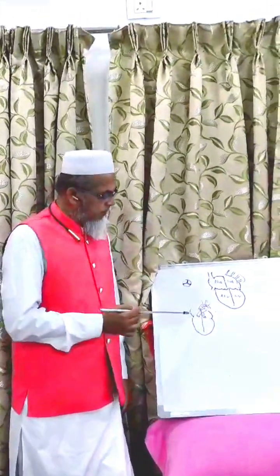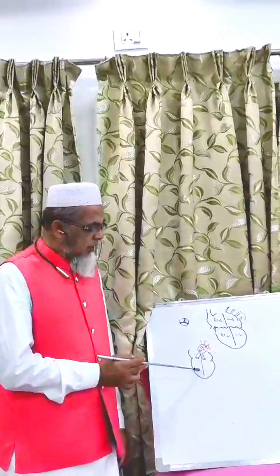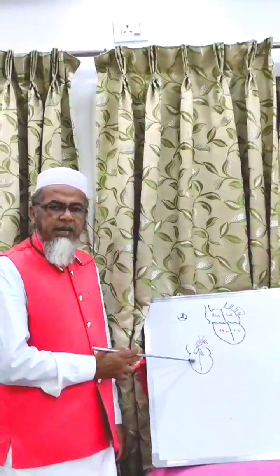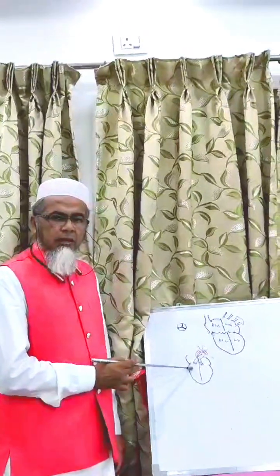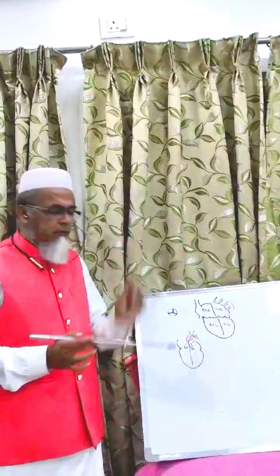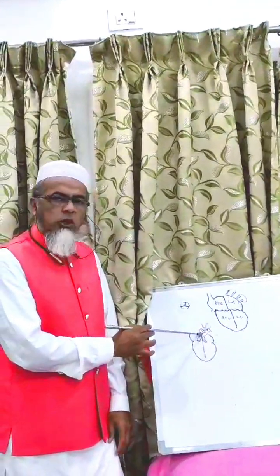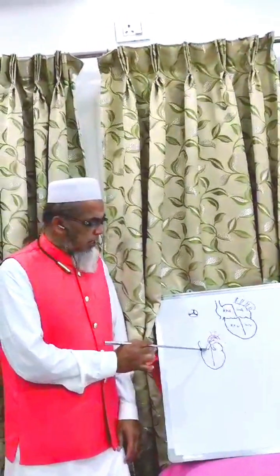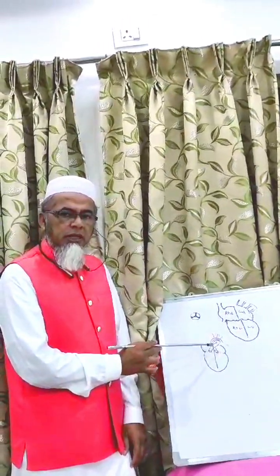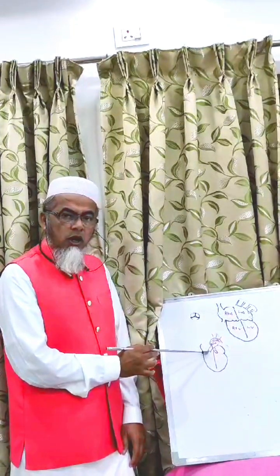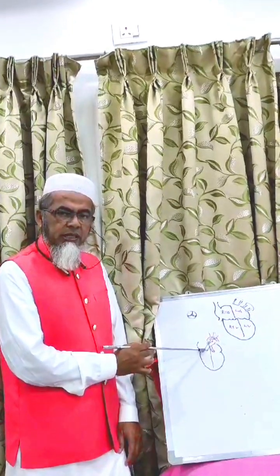The simple formula of pulmonary stenosis I will tell you. Say the right ventricle has 100 ml blood and its systole is happening, and it has to pump out all the blood to the pulmonary trunk. In case of narrowing of this valve, what will happen?